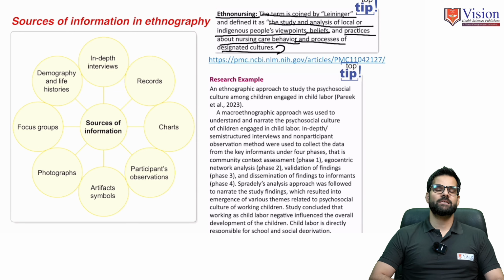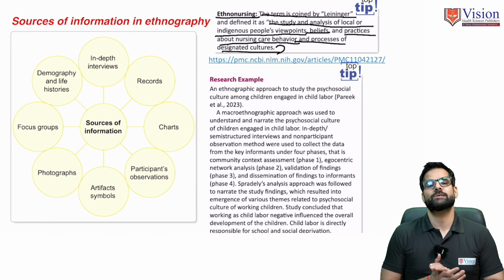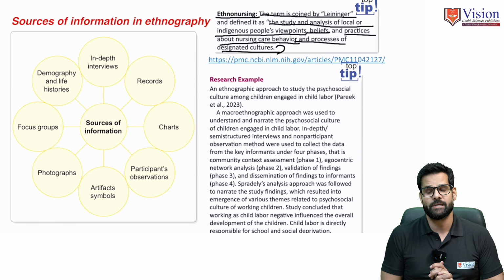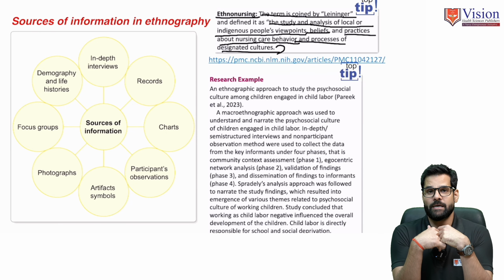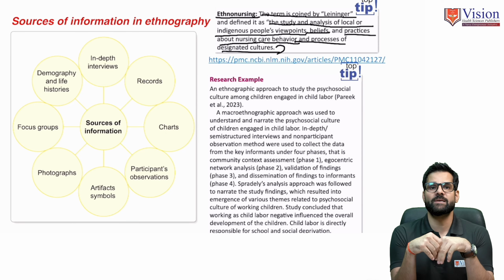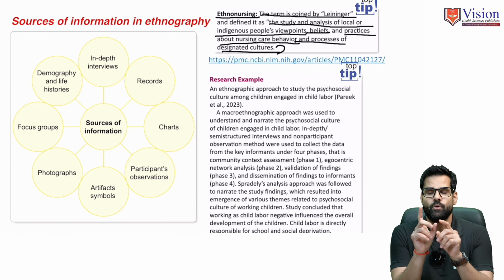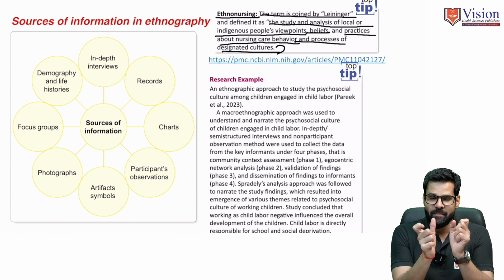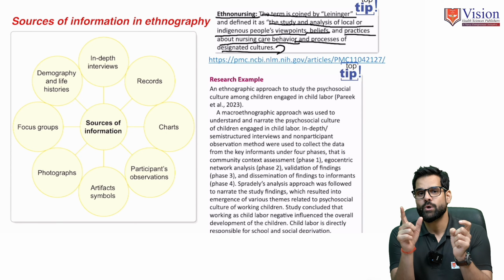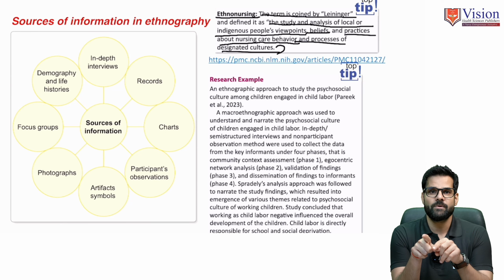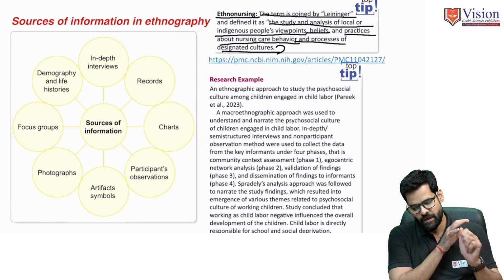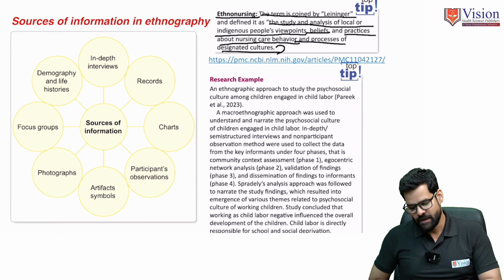So ethno-nursing is studying the nursing culture. If I study a nursing culture, being a nursing professional, then we call it auto-ethno-nursing or auto-ethnography. Means a member of the culture studies their own culture, then the term is auto-ethnography. I hope some of the concepts related to that are clear to you.